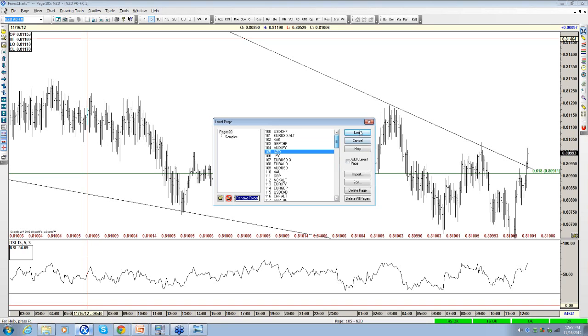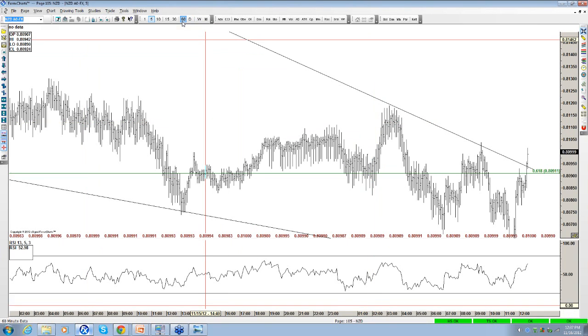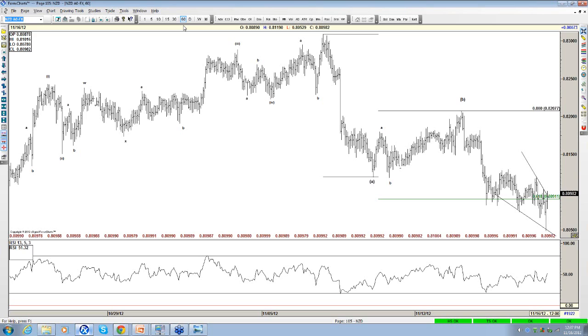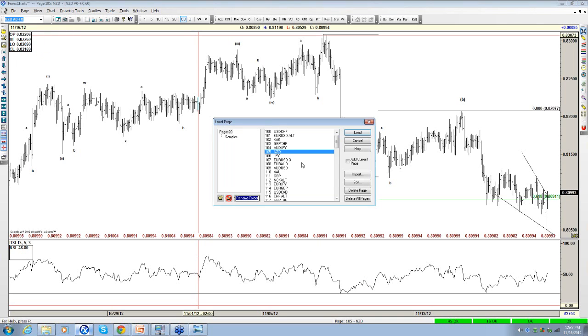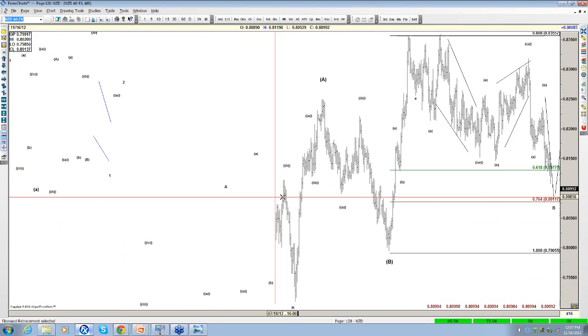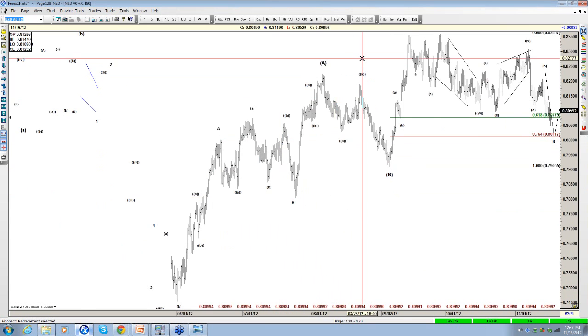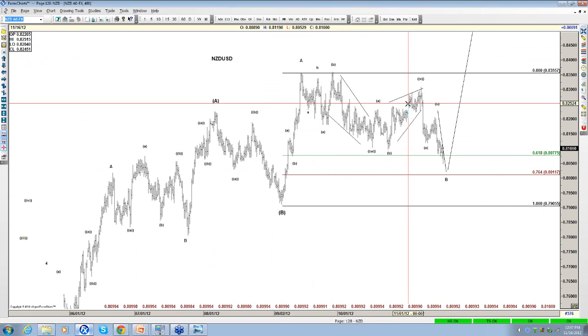Believe me, that's the requirement of the ending and leading diagonals. Any other question? 4-hour chart on New Zealand. There we go. Let's go over there. Yeah, there is one to the top, one to the bottom, right? Which one of the two? This one or this one?